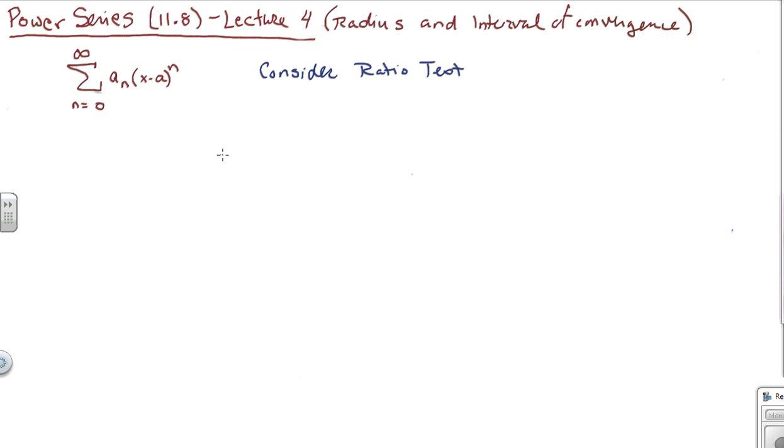And, of course, one of the key questions is, when does a power series converge? What's the domain of this power series? Let me just consider this. Let's look at the ratio test.